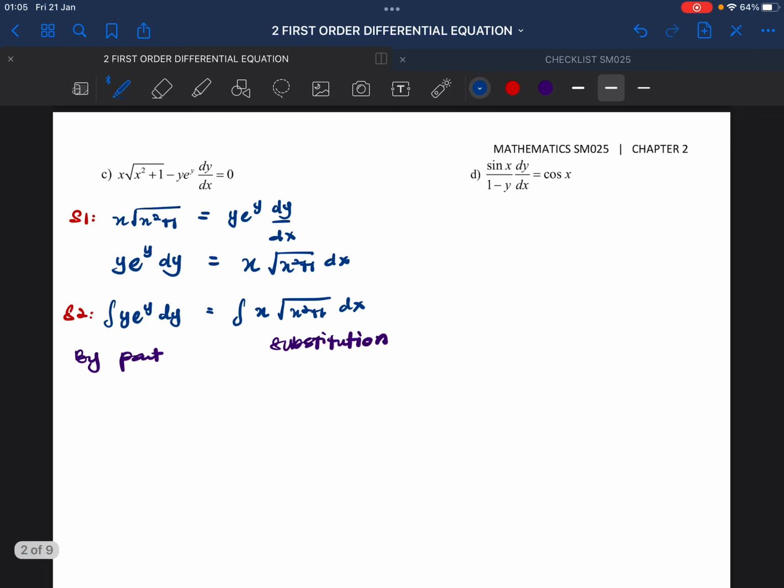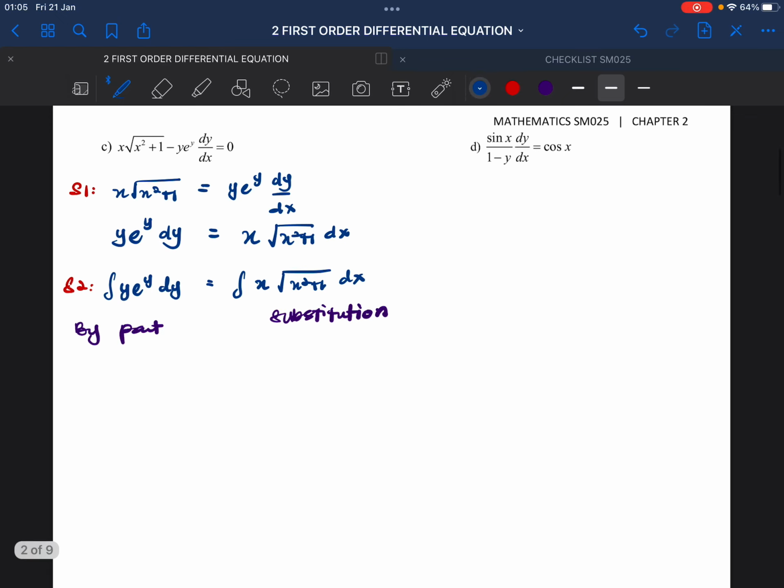Okay, so now we do the left side first by using integration by parts. Using LIATE, u is your polynomial, so we have u equals y, and dv equals e^y dy. Here your du is differentiate u with respect to y, so we get dy, not dx. v equals e^y.